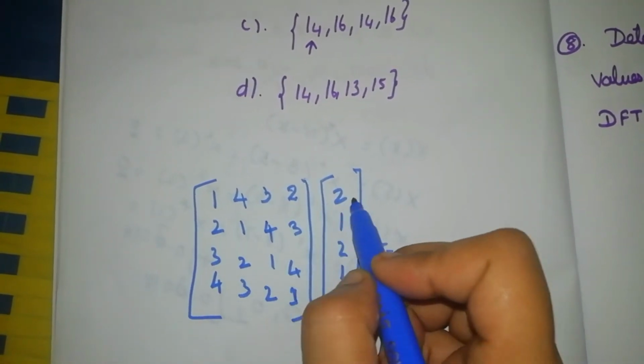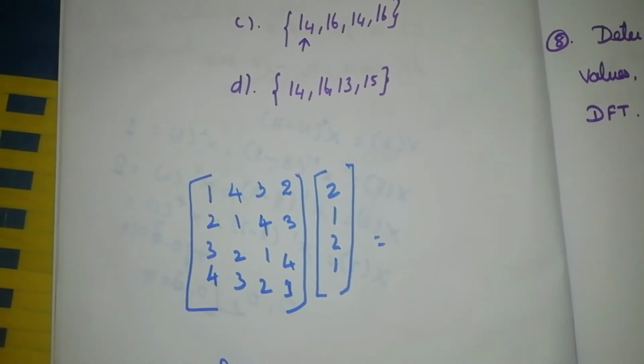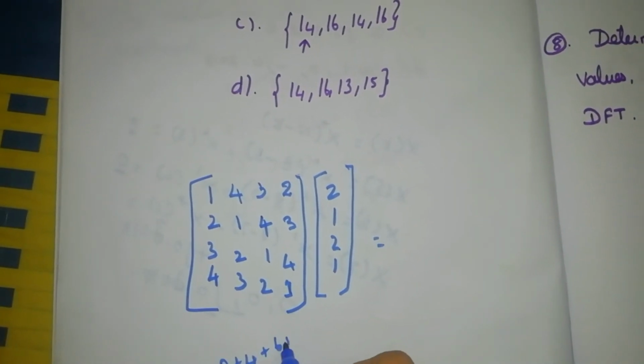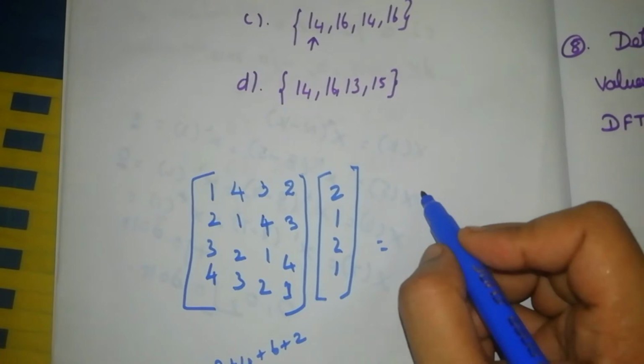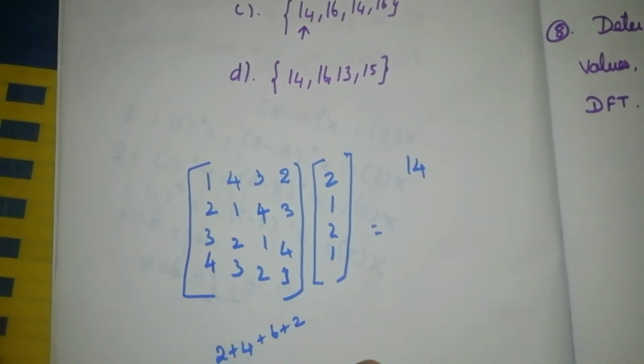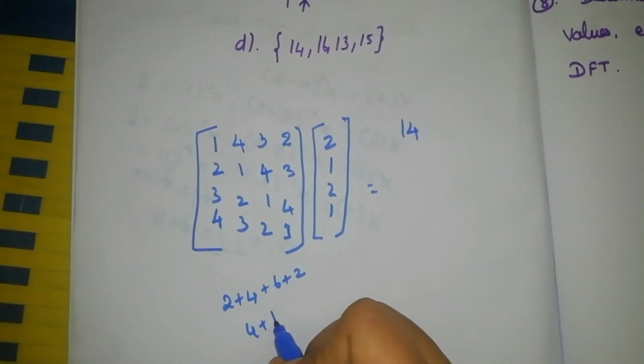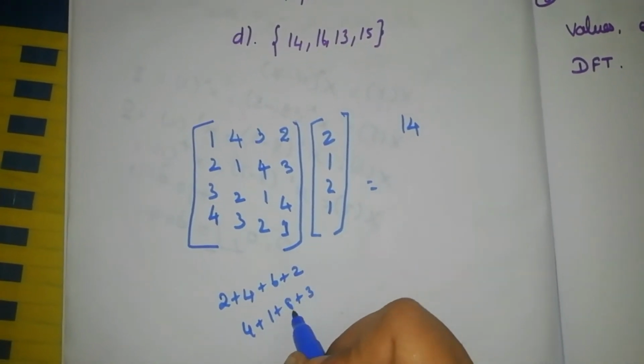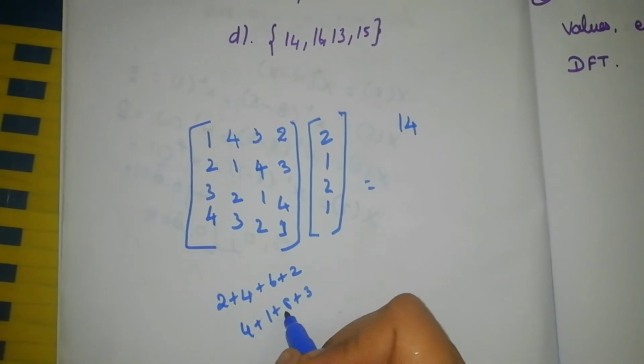So multiplying, we will get 2 plus 4 plus 6 plus 2, so 14. Next one is 4 plus 1 plus 8 plus 3, that is 16.